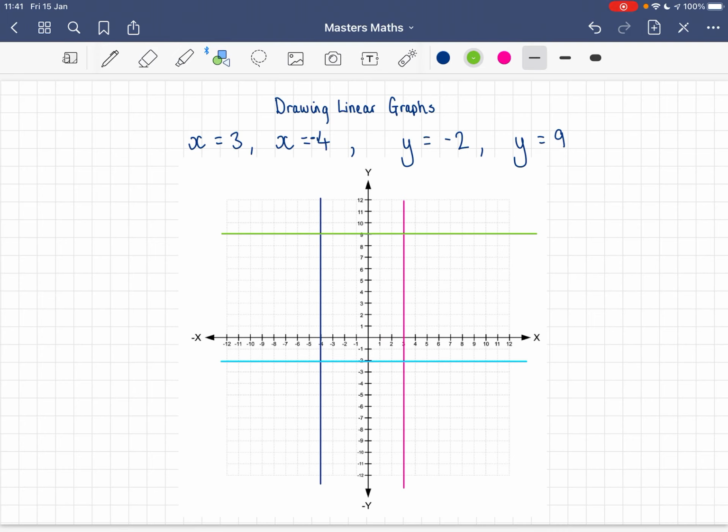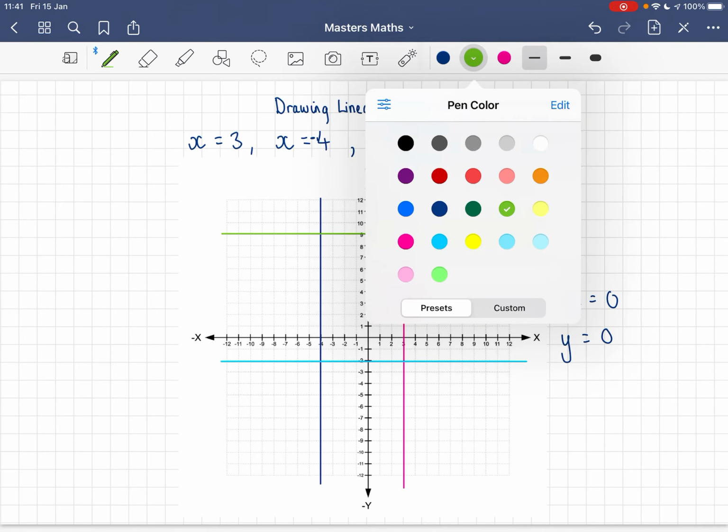It's just a case of remembering what it is. Ones that catch people out are x equals 0 and y equals 0. So I'm just going to do two really quick last ones just to show you where they are.